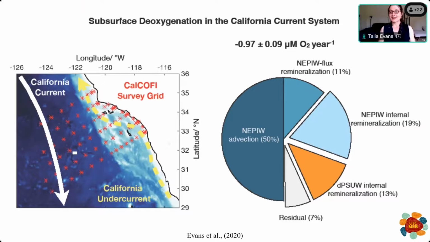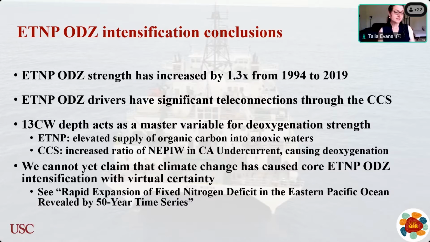But if we take a step back here, the real conclusion of this talk is that the ETP ODZ strength has increased about 1.3 times between those years. Those drivers were significant, but I really want to focus on the 13C water and its depth. Because in the ETP, having a shallower 13C water increased the organic matter supply into the ODZ waters, but in the California Current system, it also changes the ratio of water masses in the undercurrent.